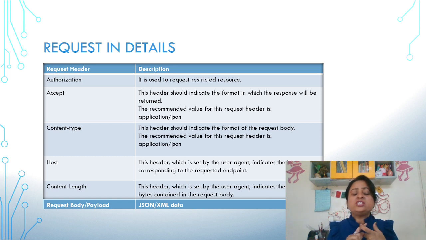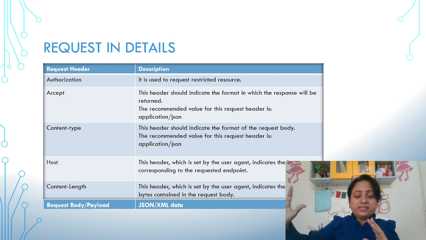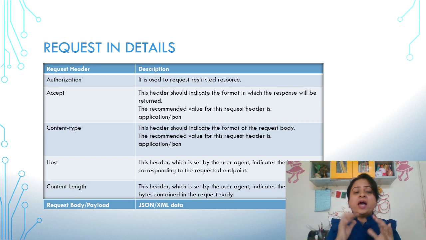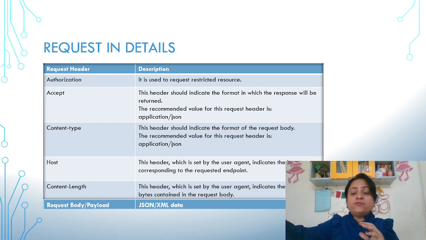First is authorization. The authorization header is used when you have to request a restricted resource. For example, if I need information regarding a particular credit card, I can hit the server that exposes that credit card information. But since credit card information is a very restricted resource, not just anyone can directly access it.